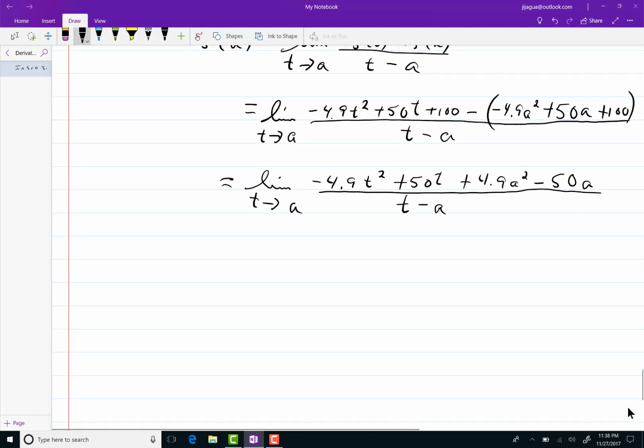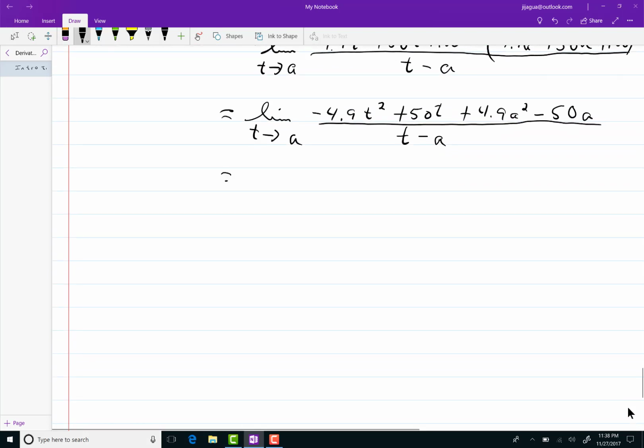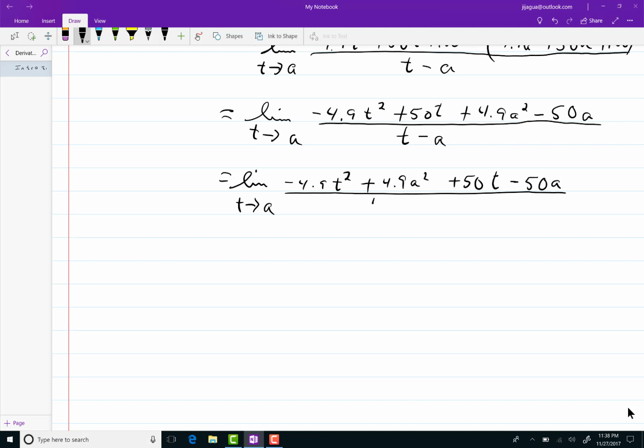So what I'm going to do is rearrange this and then factor. I'll get the t squared and the a squared together: negative 4.9 t squared plus 4.9 a squared plus 50t minus 50a, all of that divided by t minus a. Of course, this is the limit as t goes to a.